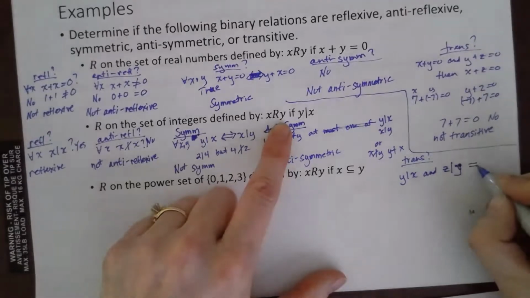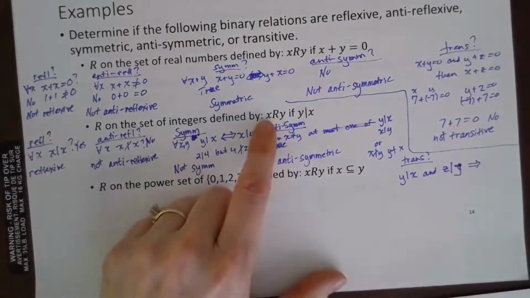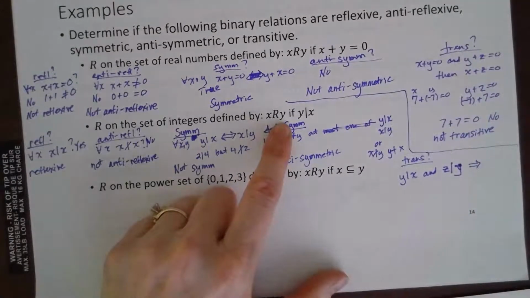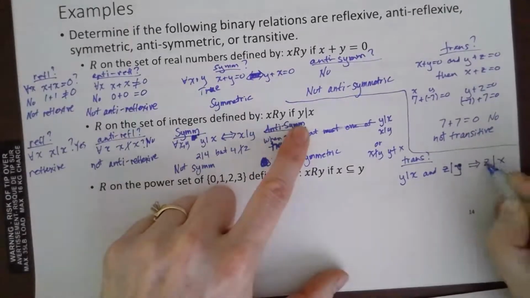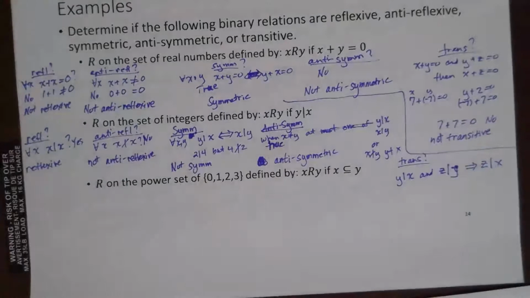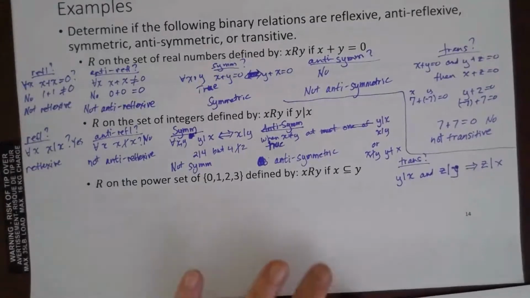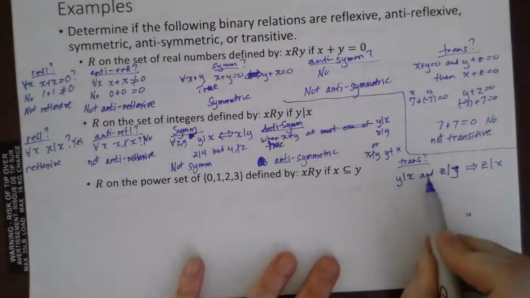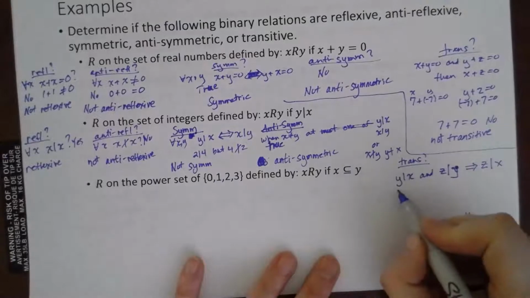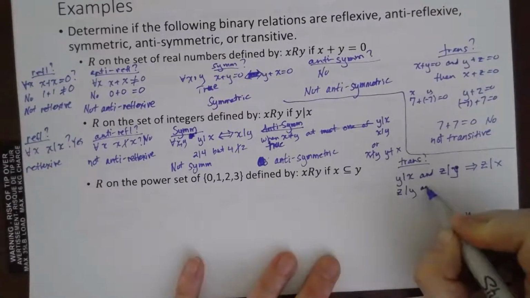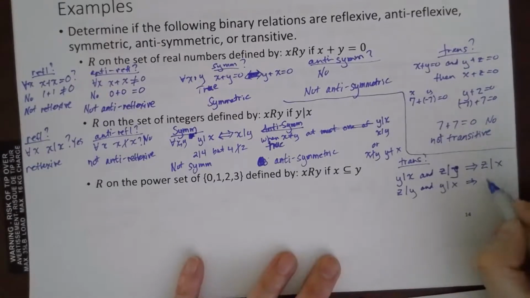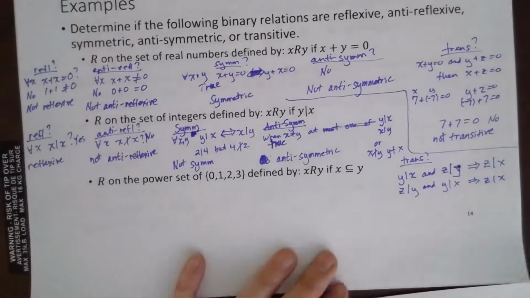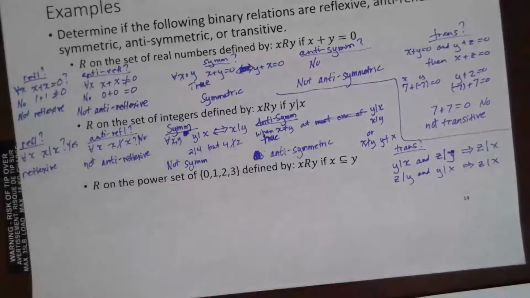Will that automatically give us that x is related to z, which means z divides x? For me, it's easier to see if I put it this way: z divides y, and y divides x, therefore z divides x. It's easier for me to see in that order. Is that true?